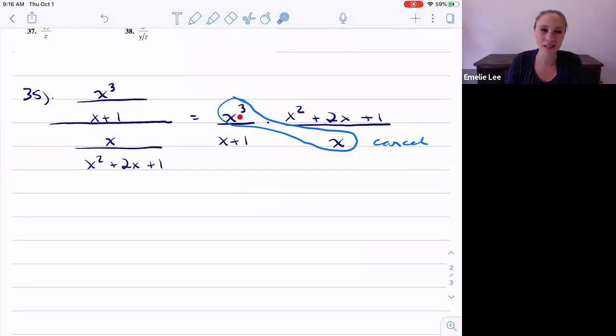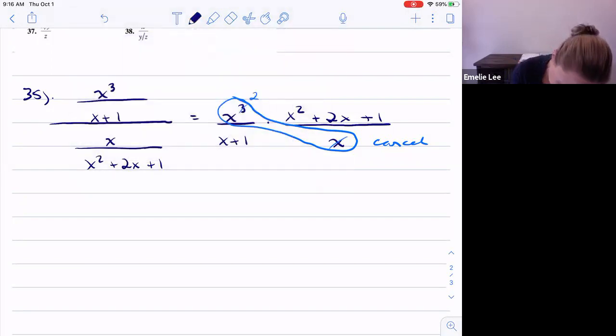Technically, what we're doing is bringing this x to the -1 up to the numerator, and then x to the 3 times x to the -1 is x to the 3 minus 1, which is x to the 2. But really what we'll start doing is saying, okay, 3 cancels, this cancels, and I'm left with just 2 here. So it becomes x squared over x plus 1 times x squared plus 2x plus 1.